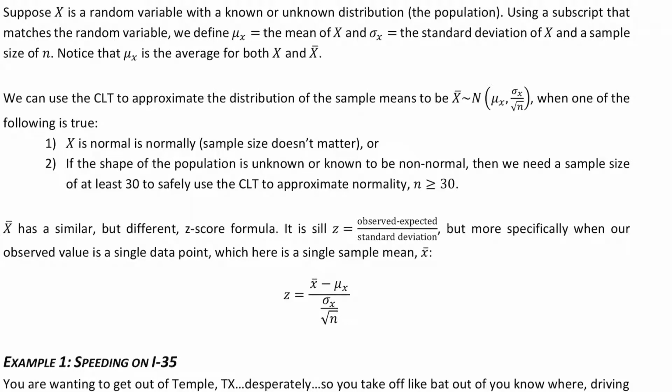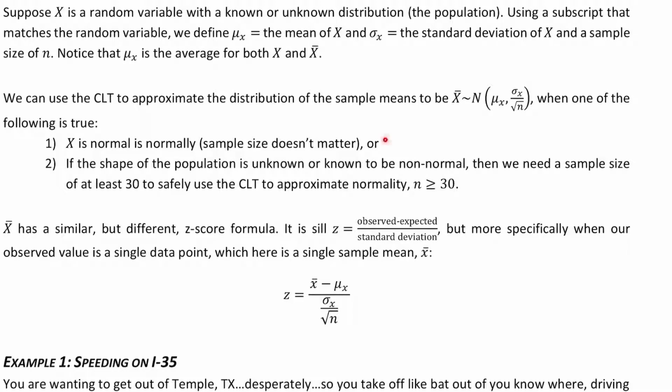And then secondly, if we don't know the shape, or if we know that it is not normal, then the sample size has to be at least 30. That's n greater than or equal to 30. If that's the case, then it's safe to approximate normality using the central limit theorem.